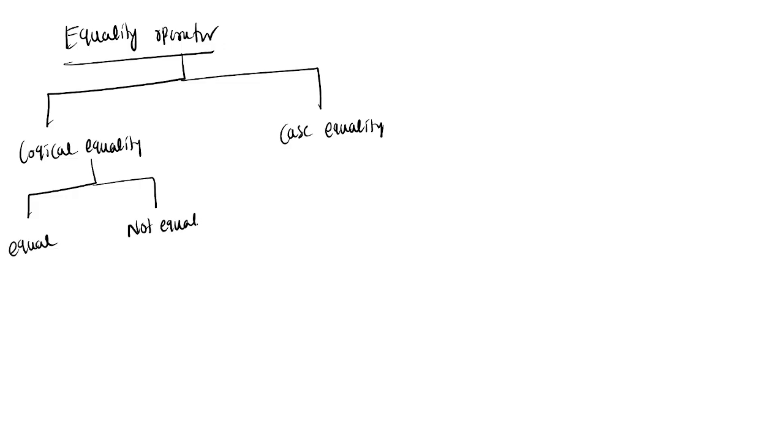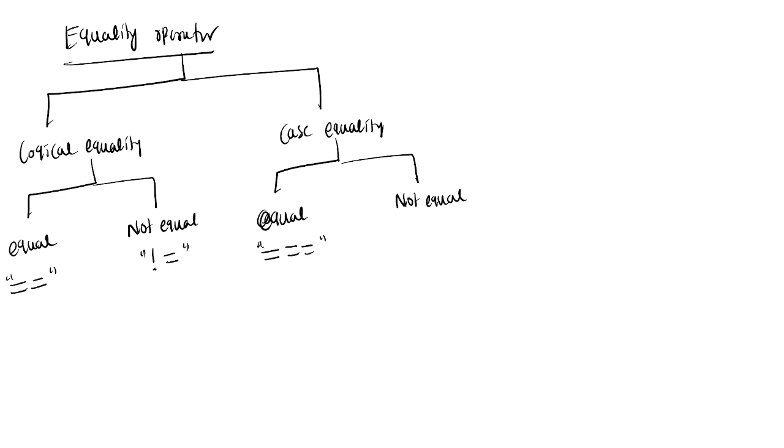Logical equal and not equal each have two equals symbols, while case equal has three equals and case not equal has two equals plus one not symbol.